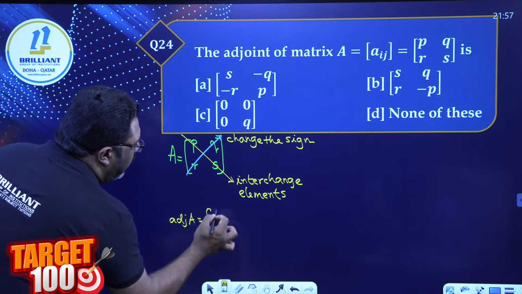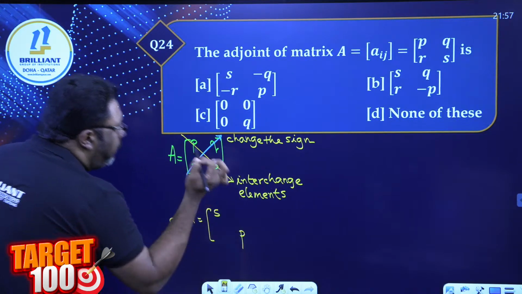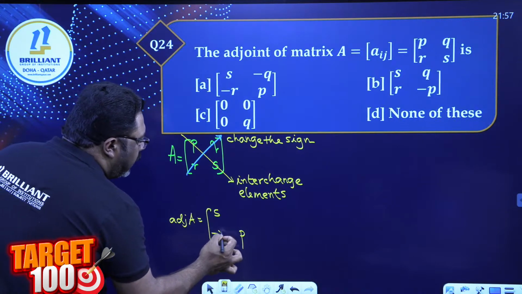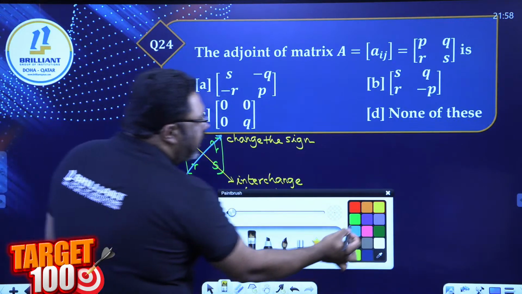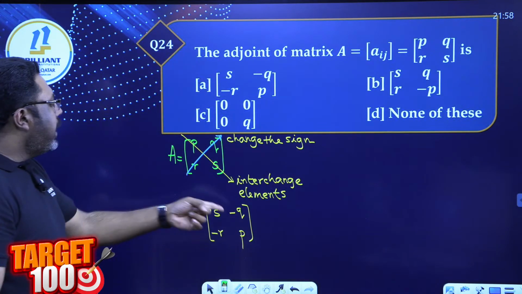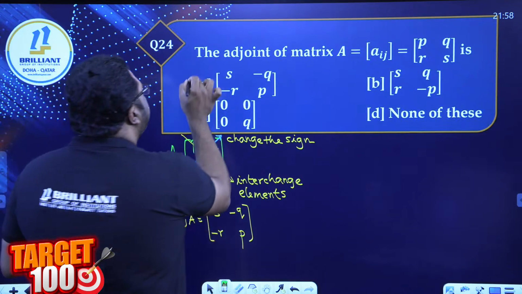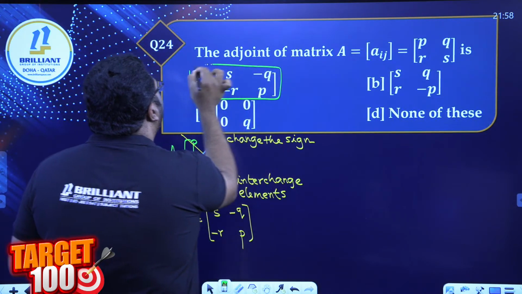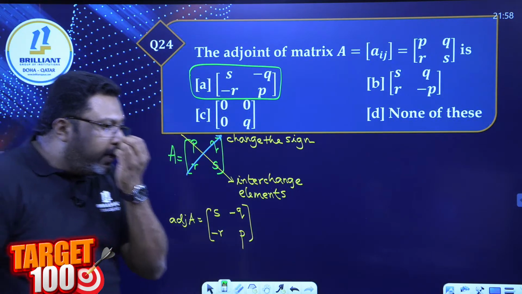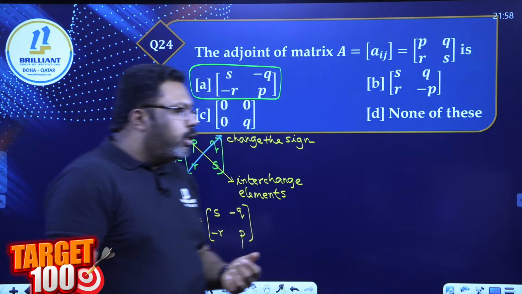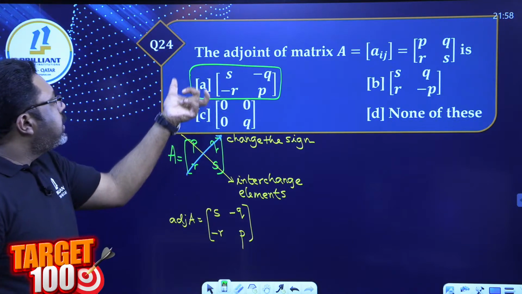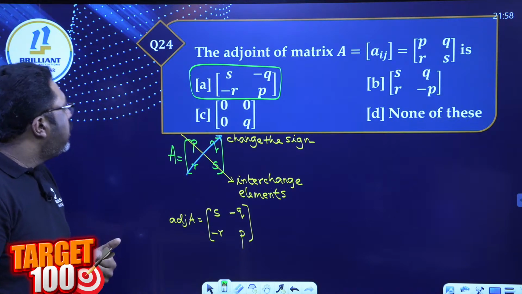If you interchange the elements, it's going to be S here, P here, and if you change the sign, it's minus R and minus Q. The only option which satisfies our answer, S, minus Q, minus R, P. Option A. 24, option A. Beautiful. Already answers coming very well. Good, all of you. So A is S, minus Q, minus R and P.